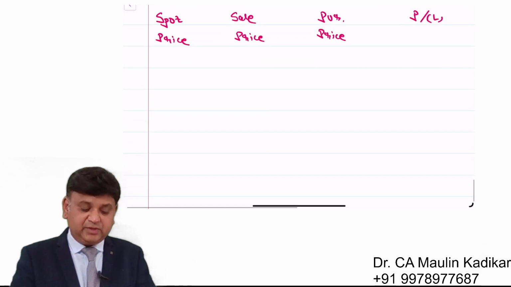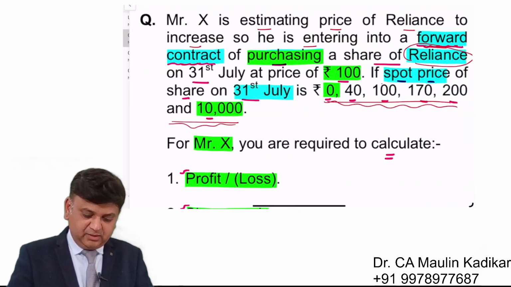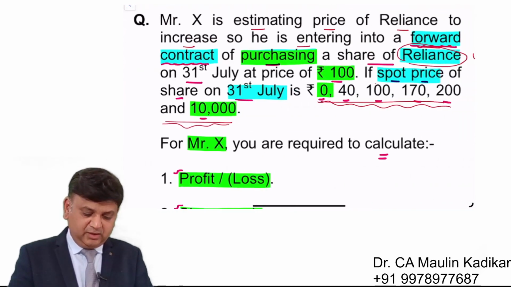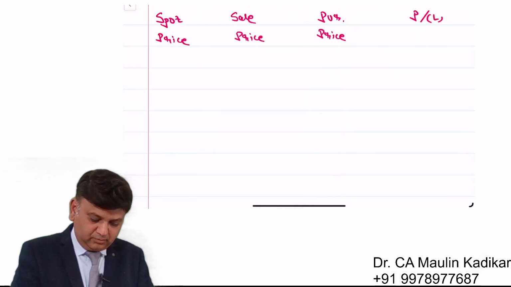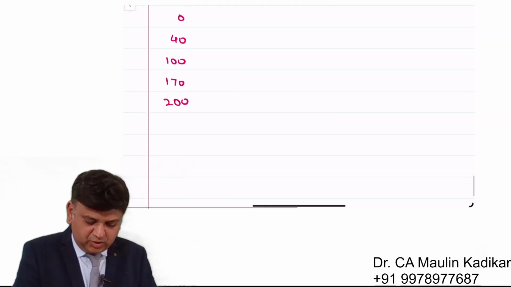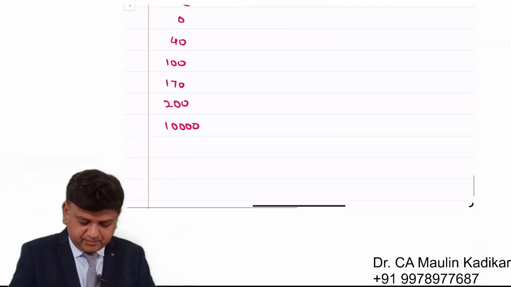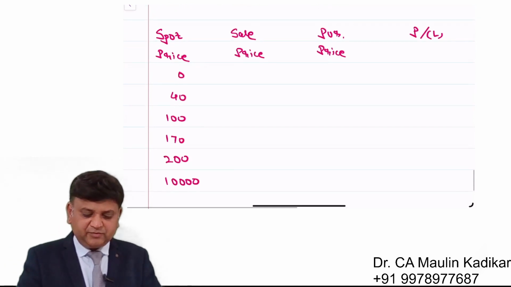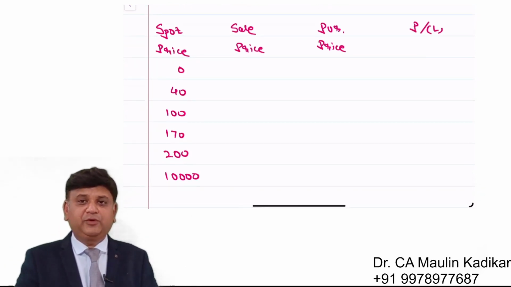We have been provided with the different spot price of the equity share, that is 0, 40, 100, 170, 200 and 10,000. For each of the spot price, we are required to find profit or loss.